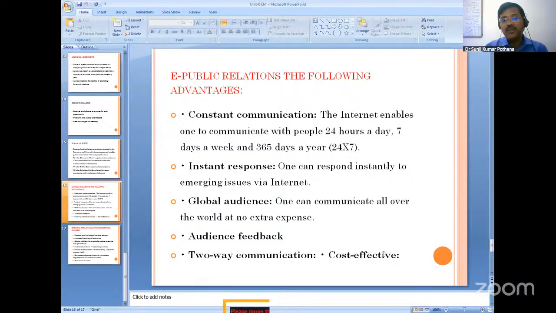With a small amount, they give information to a particular group, mass media, mass communication, mass people, or a target audience, or a public. Everything is possible with the practice of e-public relations.